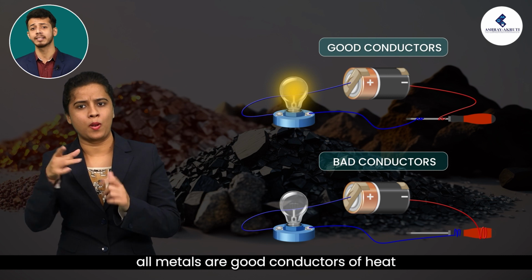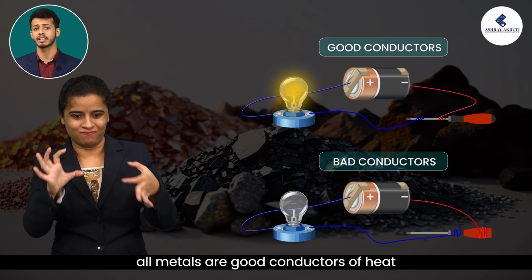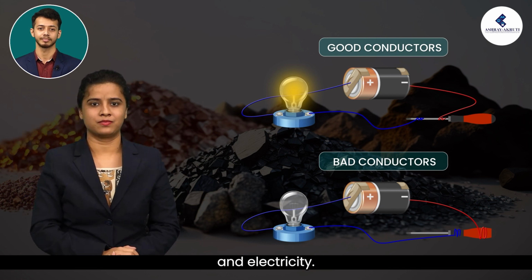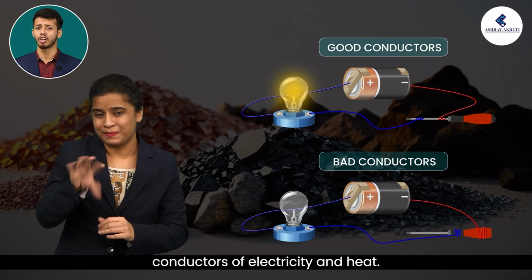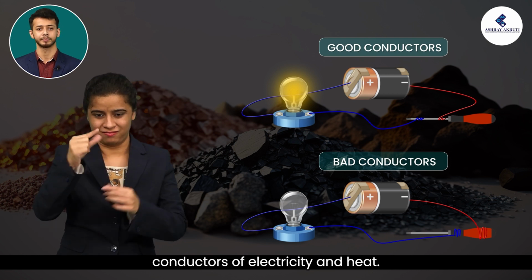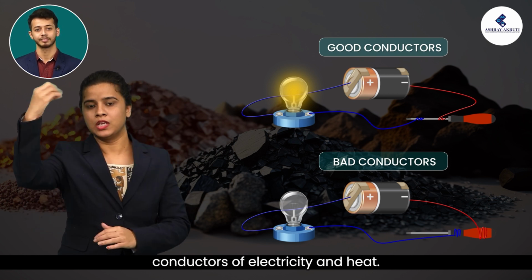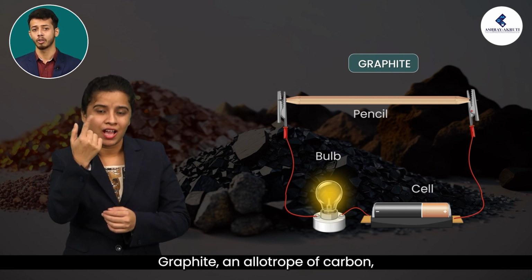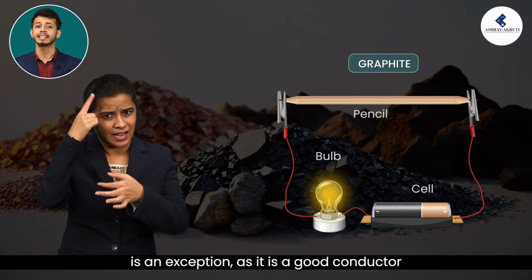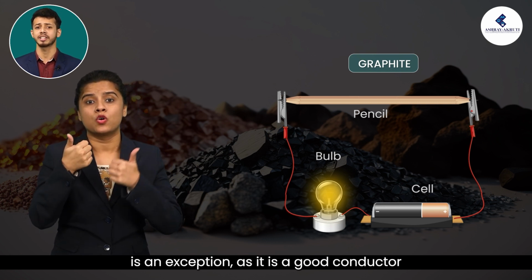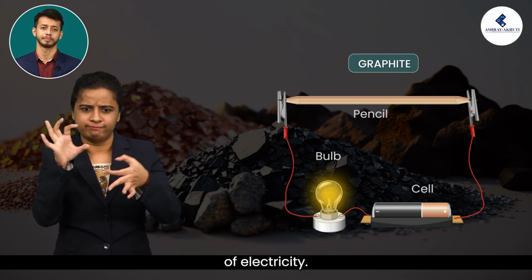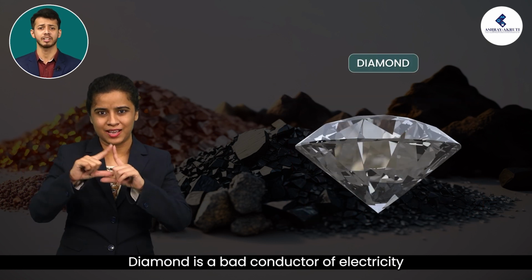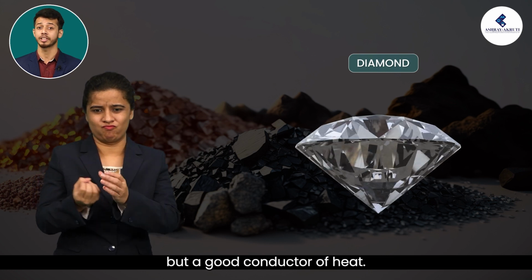Similarly, all metals are good conductors of heat and electricity. Non-metals are bad conductors of electricity and heat. Graphite, an allotrope of carbon, is an exception as it is a good conductor of electricity. Diamond is a bad conductor of electricity, but a good conductor of heat.